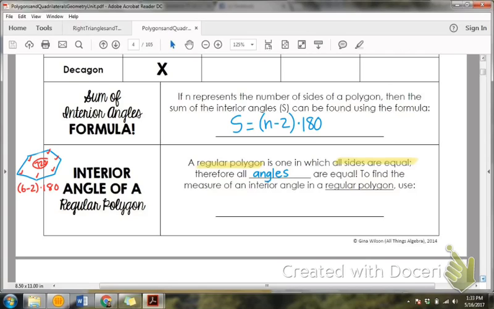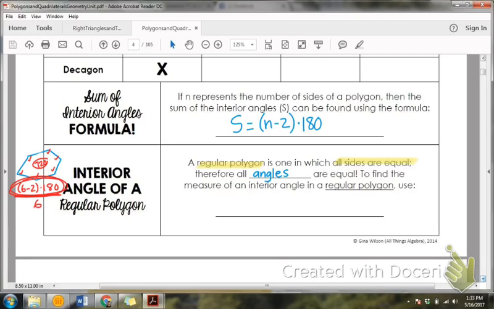Divide it by the number of angles that you have there, or sides, they're going to be the same. You're going to take 720 and divide it by 6.